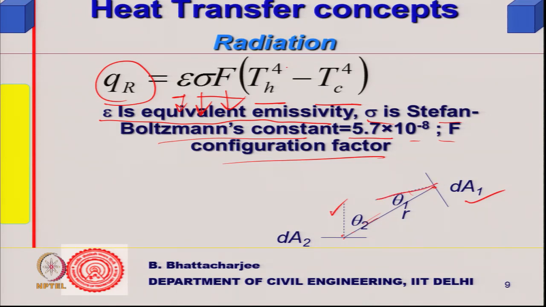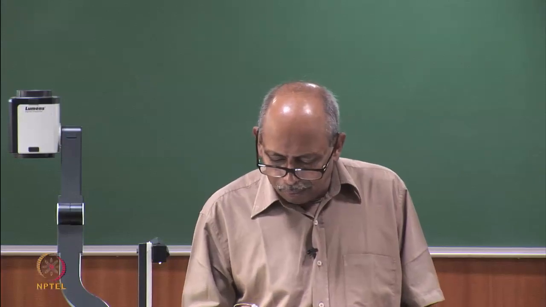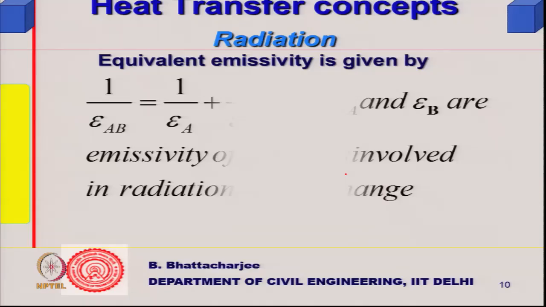This angle is theta 1, this angle is theta 2, then F would depend upon this. Supposing theta 1 and theta 2 are both 0, that would be the maximum. So, this is related to those. We will not look into those details actually, but this is radiation heat transfer.